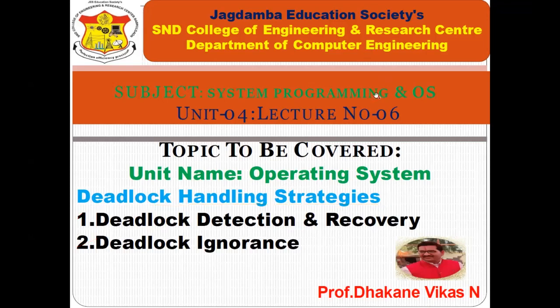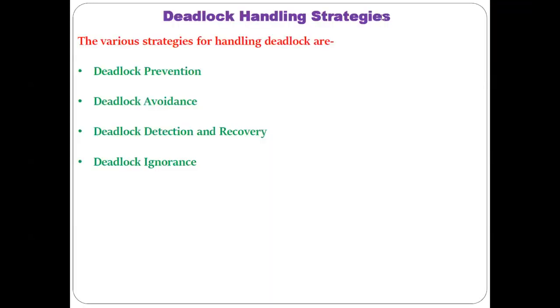As you know, in the previous lecture we discussed how you can handle deadlock using deadlock prevention, where you have to violate or dissatisfy any one of the four conditions which are responsible for the deadlock, and then you can prevent the deadlock.